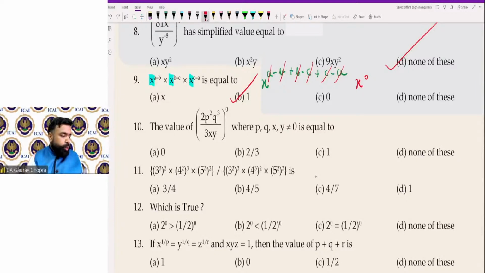Vidushi option C, Om Gupta C, Sonal, Rishita, Mansi, Manisha, everyone is giving C, Saloni C, Piyush Gupta C, Jayashree, Prakriti C. Yes, everyone is in favor of option number C, because anything having power 0 is always equal to 1. Option number C.